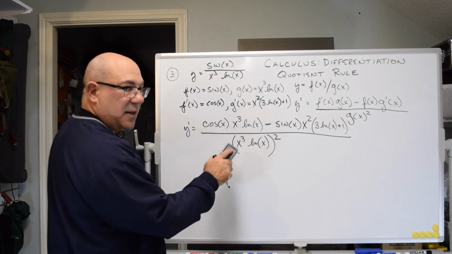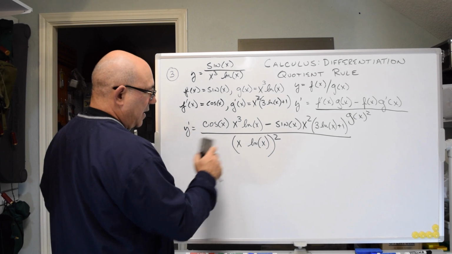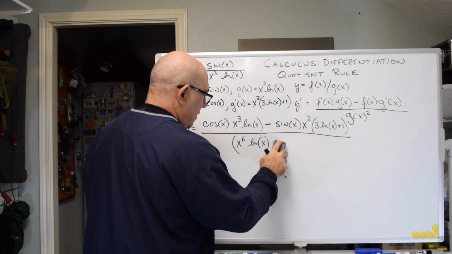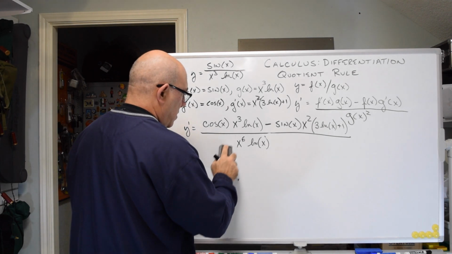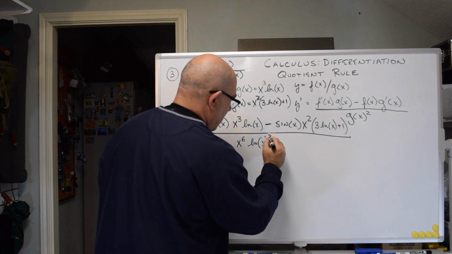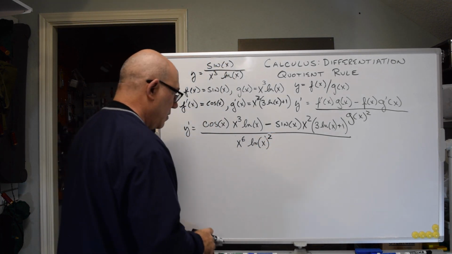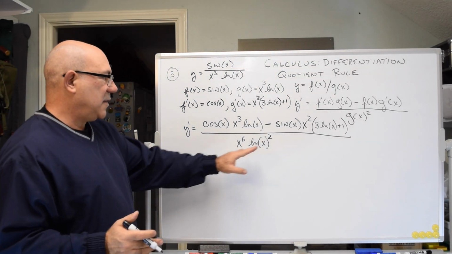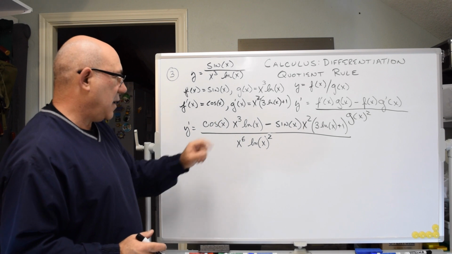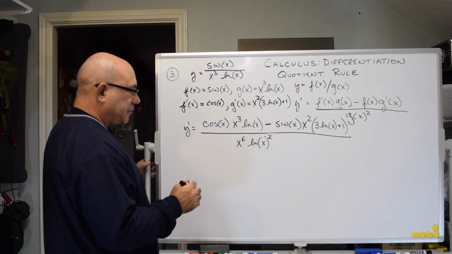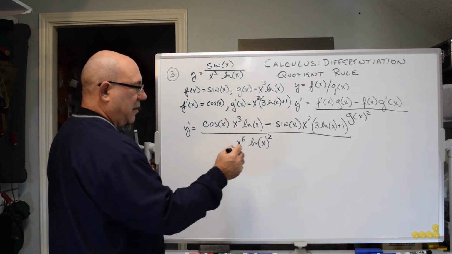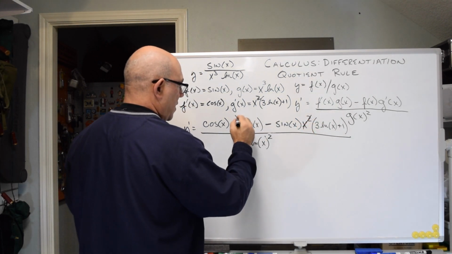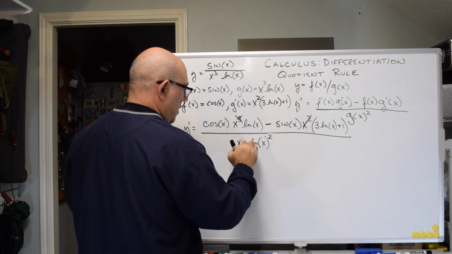This becomes x to the 6th, and we can make this the square of that log. That's the same thing, we just wrote it a different way. And now we can see we have a lot of x's that we can get rid of. So this x squared can go, and this can become an x, and this becomes a 4.